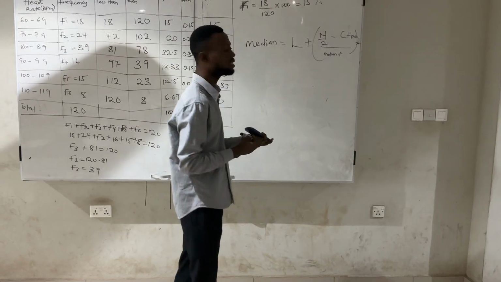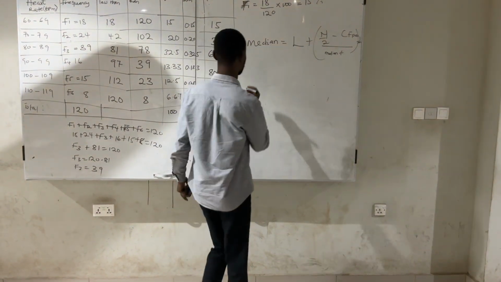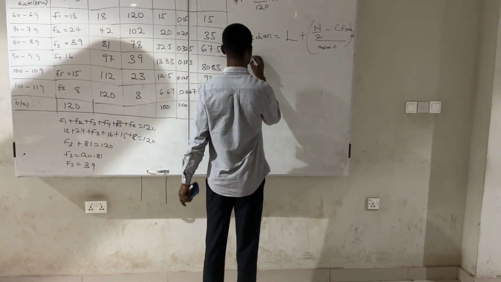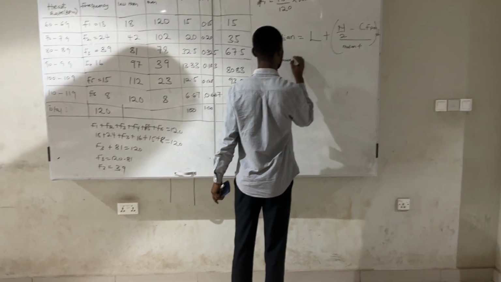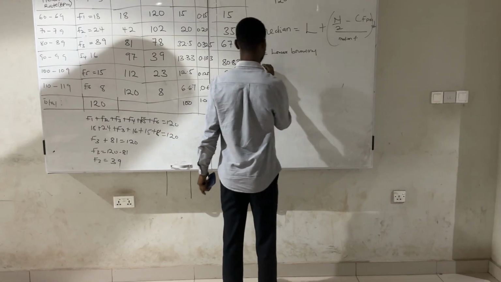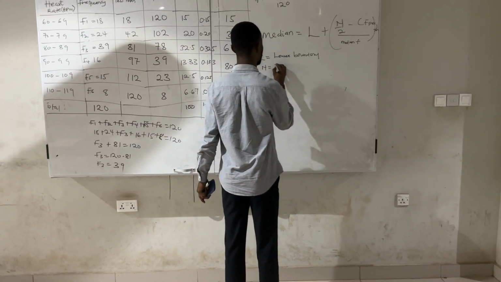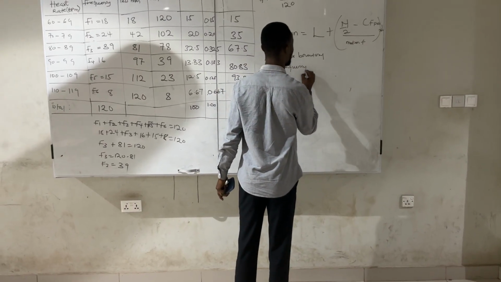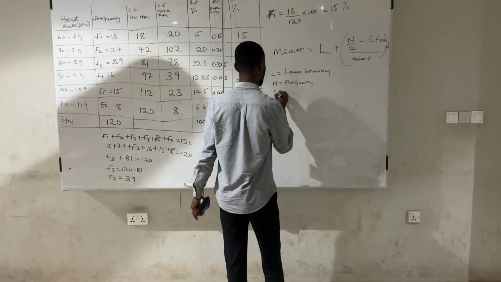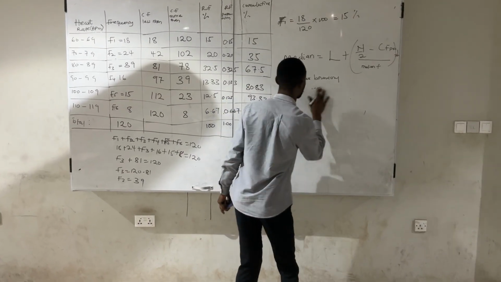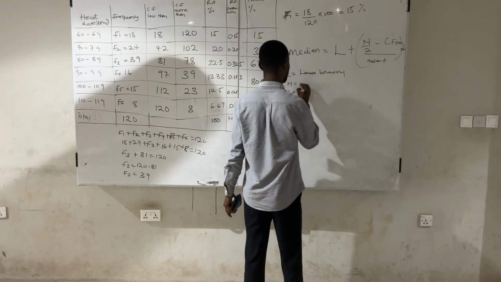Good. So let's define the parameters. L is the lower boundary. N is the total frequency.